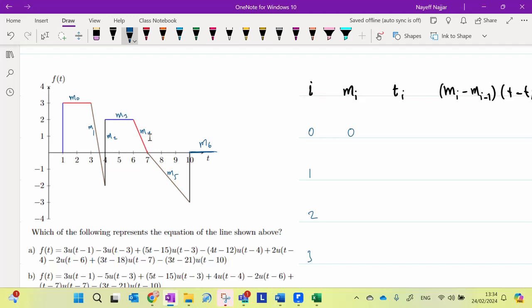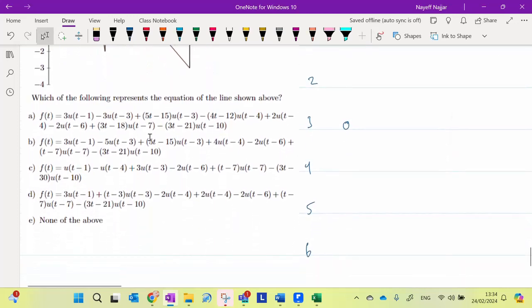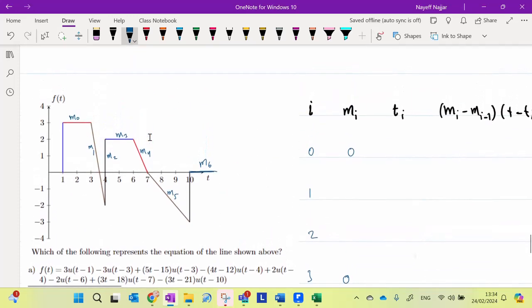Okay, and m3 also is equal to 0, and m6 is equal to 0. Okay, now for this segment, which is M1, M1 is -2.